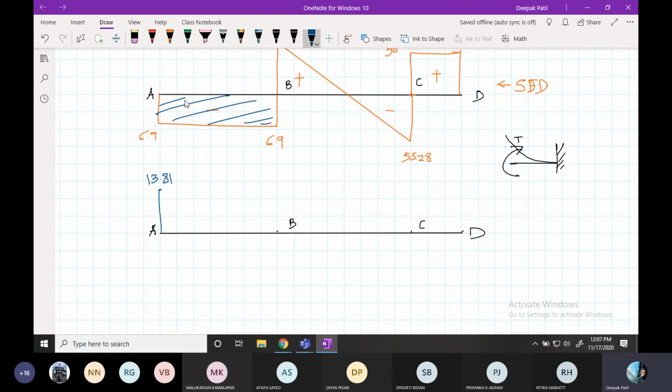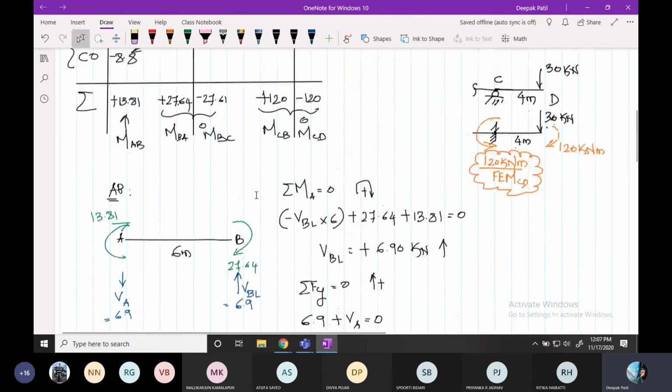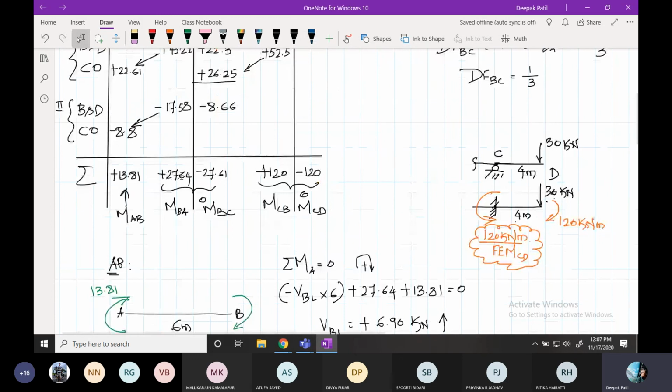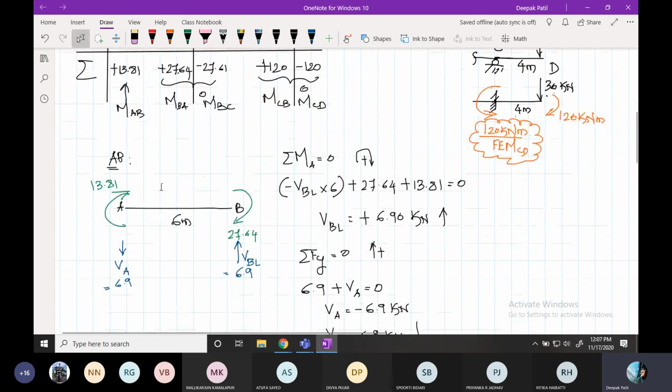Yes, the shear force is negative. So plus 13.81 minus the area, which is 6.9 into the span of 6, so you get minus 27.59. And the same thing you get here: MBA is plus 27.64.